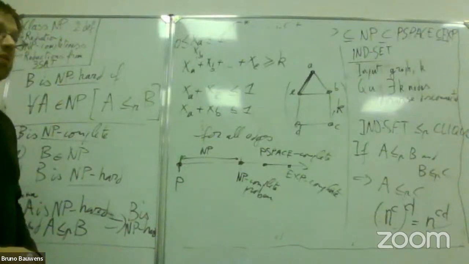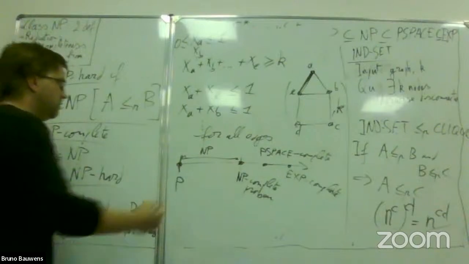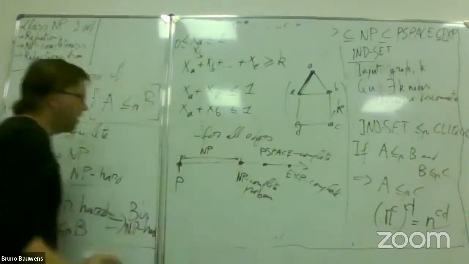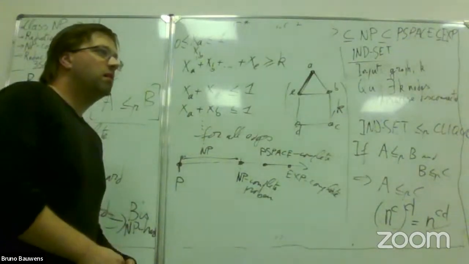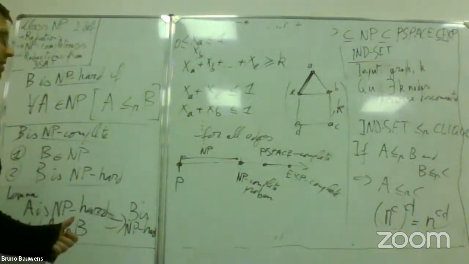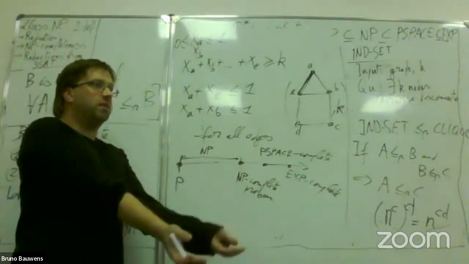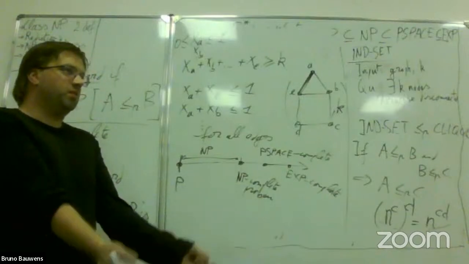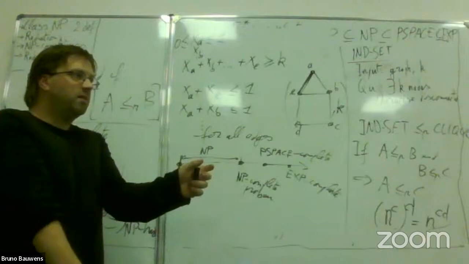It's both in NP and co-NP. But the Pratt certificate is a little too difficult for this course. To show that it's in NP is easy, because the small factor itself is a certificate; if you know the small factor, you can verify it.